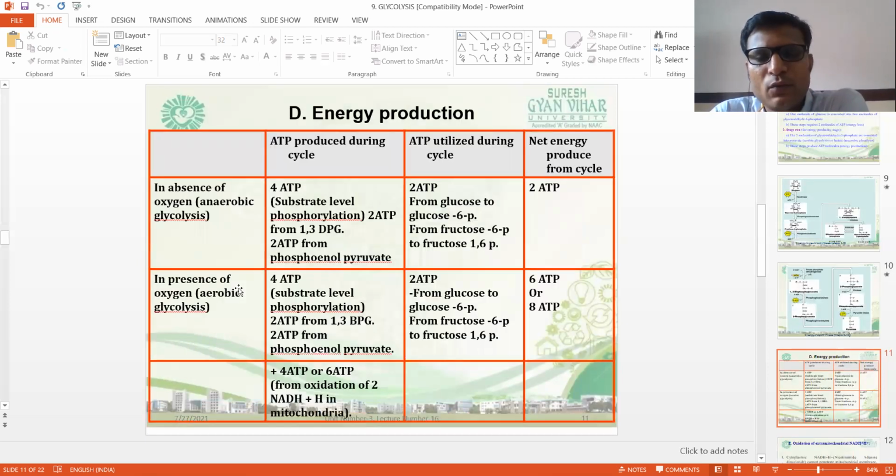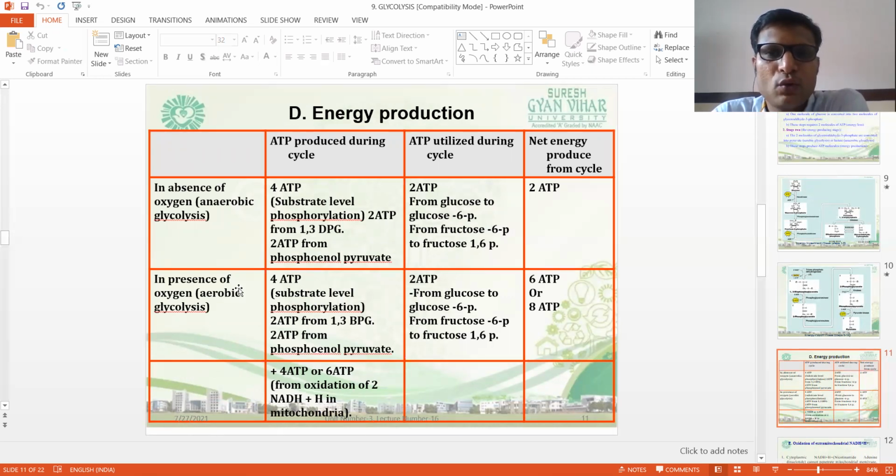So now the energy production. This table shows the energy produced from one cycle of glycolysis. When one cycle of glycolysis occurs in the absence of oxygen, it is anaerobic glycolysis.